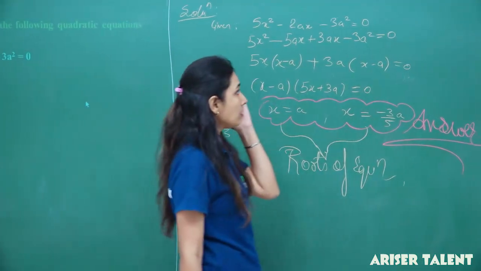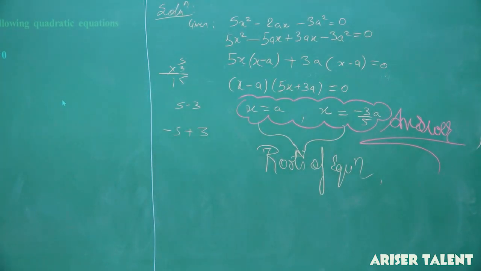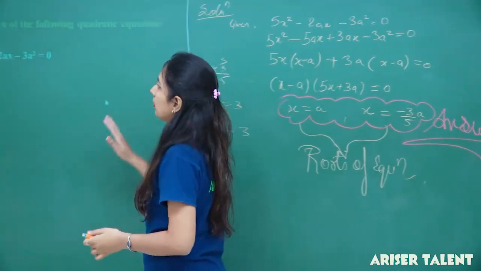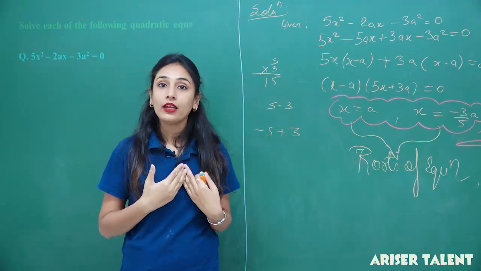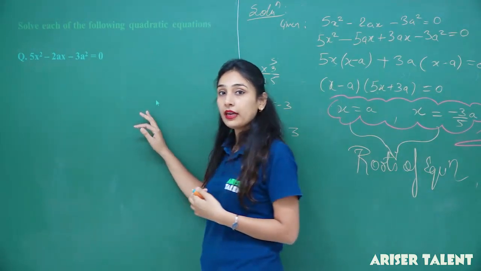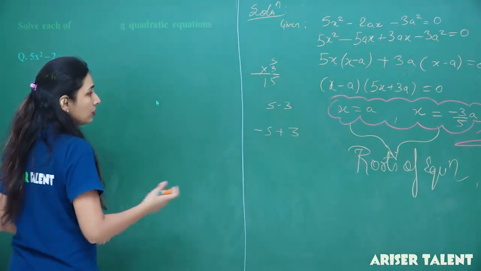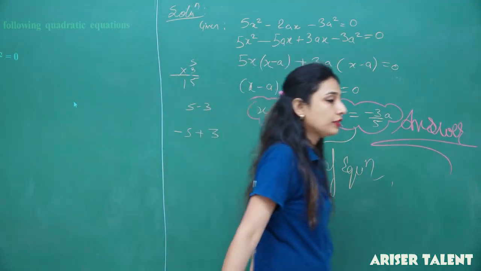Now note this, students. Whenever it comes to solving equations like this, don't hesitate. Do whatever you are taught by me: factorize it and then bifurcate it. So you have to do the same. Now the solution is here. Note it.